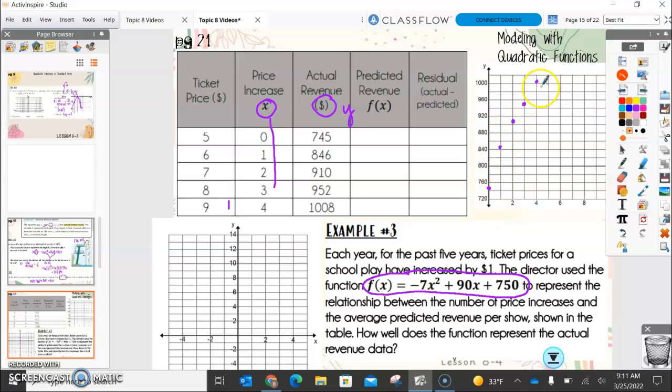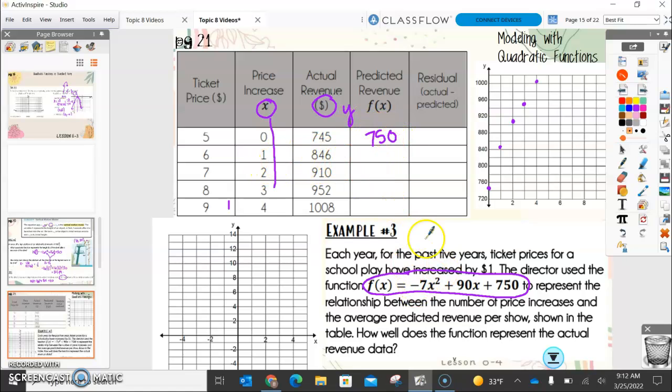They found that it kind of fits this curve. So to find the predicted revenue, say you want to go to the 5th price increase, you could use this equation to predict it. So for this predicted revenue, you're going to plug every x value into this equation. If I put 0 in for x, we know these first two will go away. I get 750.